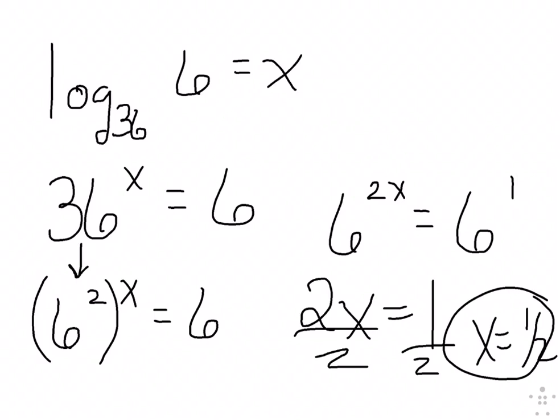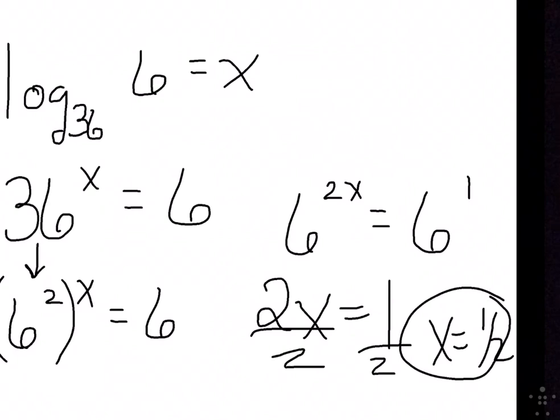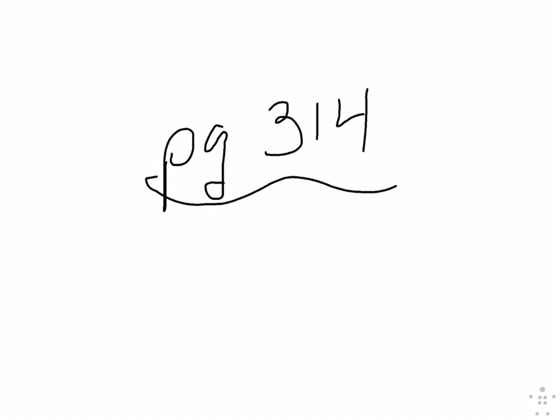So again, you're just rewriting. And then 17 to 24, evaluate, which is what we were just doing the last 5-6 problems. Okay? So on page 314, 5 through 23 odds.